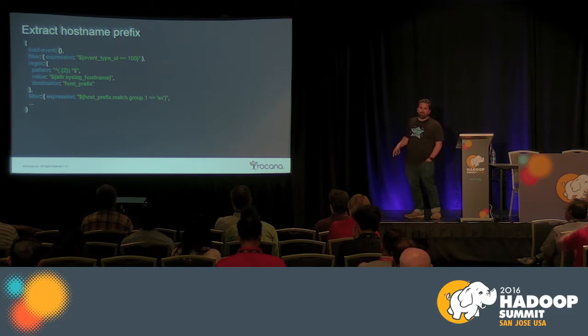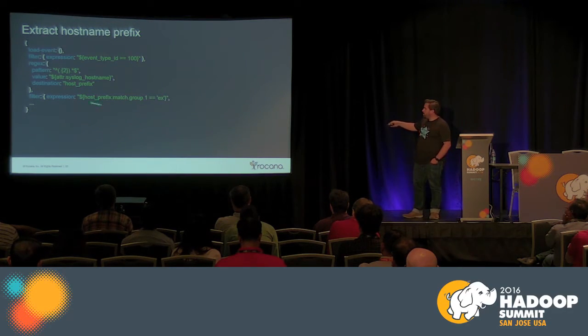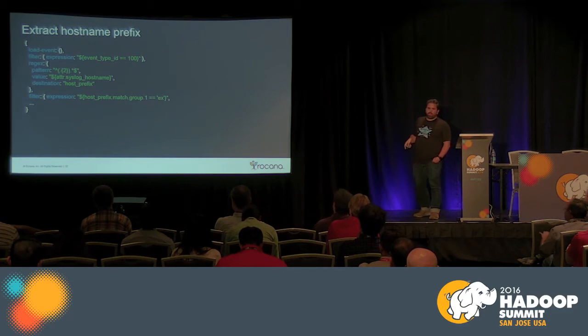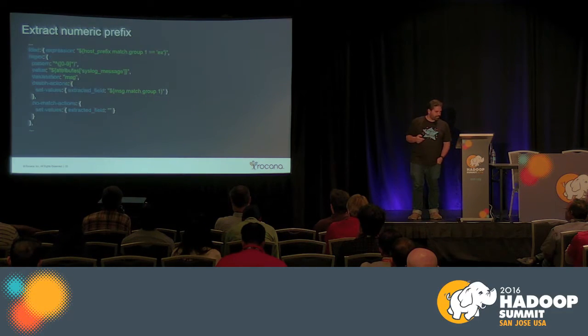There's also a variable for whether the regular expression matched or not. So group 1 is the first set of parentheses there. There's also a group 0, which is implicitly the entire string that matched. So if you want to extract the entire string, you can do that.